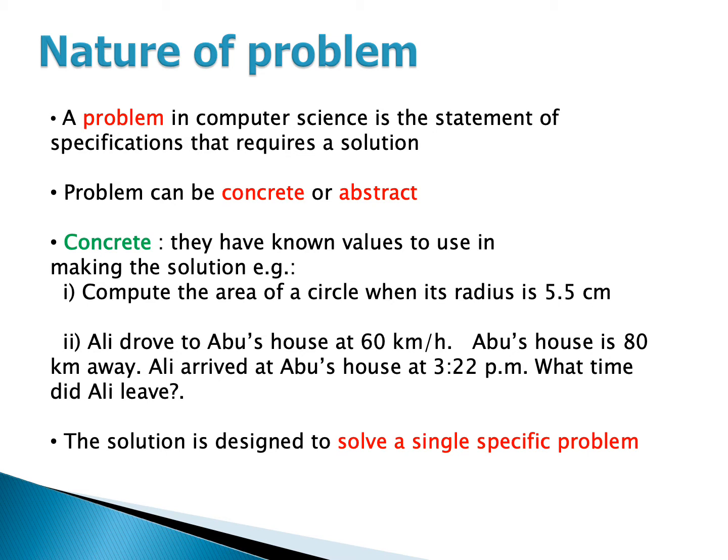If Ali arrived at Abu's house at 3:22 p.m., we need to subtract 1 hour and 20 minutes from it. So we know that Ali has to leave at 2:02 p.m. Based on these two examples, we can conclude that in concrete type of problems, we are able to solve the specific problem as the values are known to us.